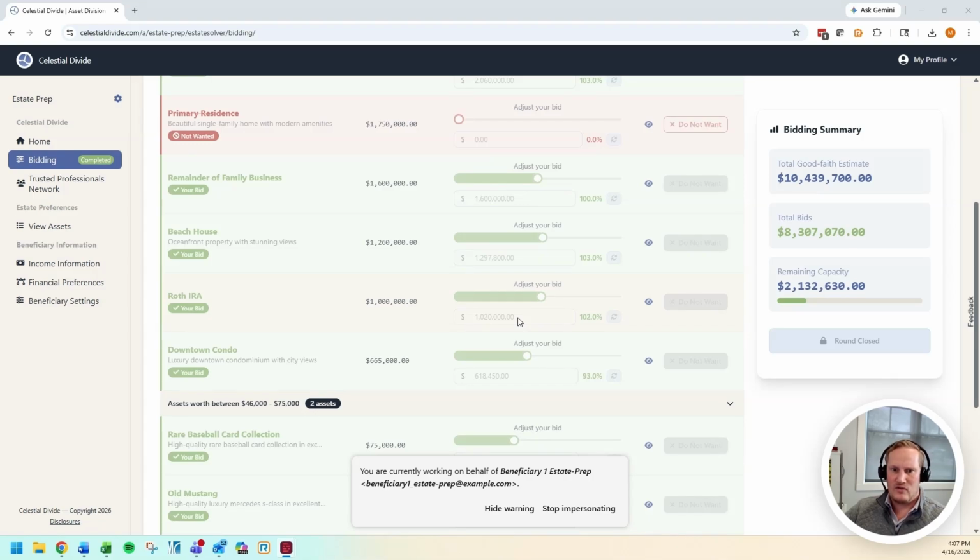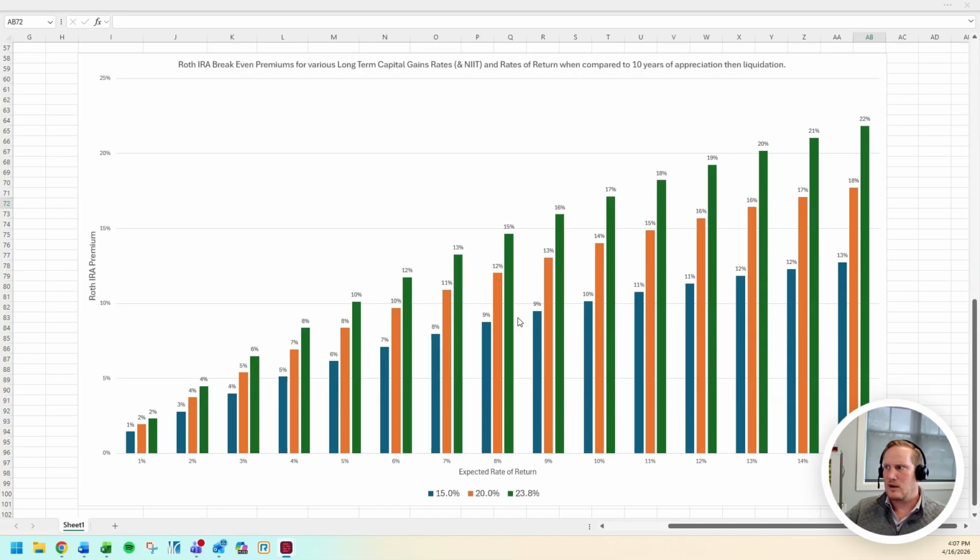I think this visual is the best for understanding the Roth IRA premiums. This is a chart that I've put together. It simply takes an expected rate of return, say 8% here in the middle, and compounds both a taxable account and a Roth IRA by 8%. At the end of it, however, that taxable account is liquidated and we're assuming zero turnover.